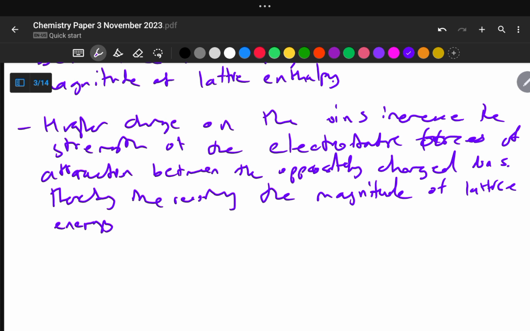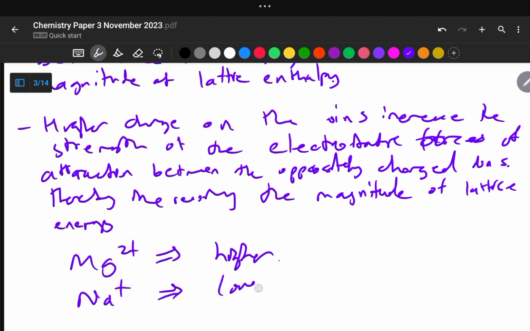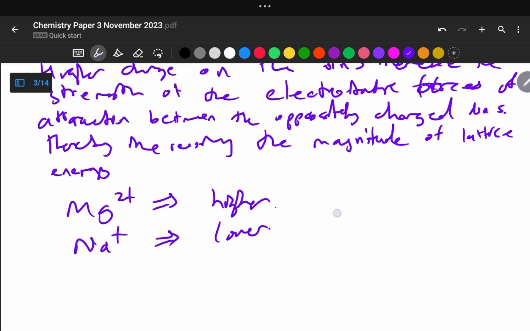So we are having magnesium having a higher enthalpy of hydration, and then sodium ion having a lower. So enthalpy change of hydration is governed by what we call the charge density. We are saying that we have this magnesium ion with a smaller radius than the sodium ion.